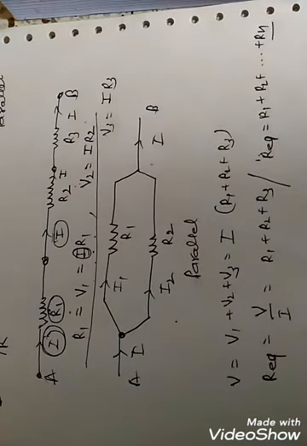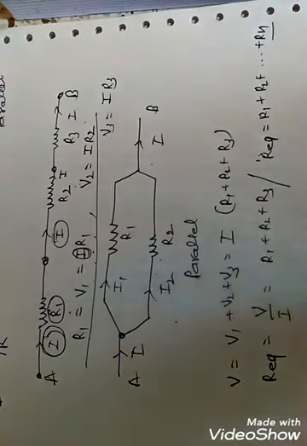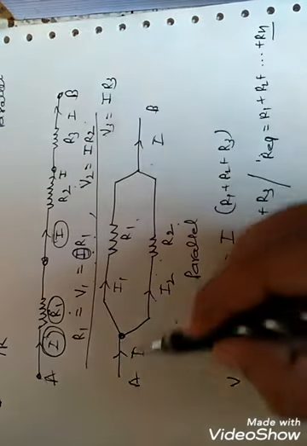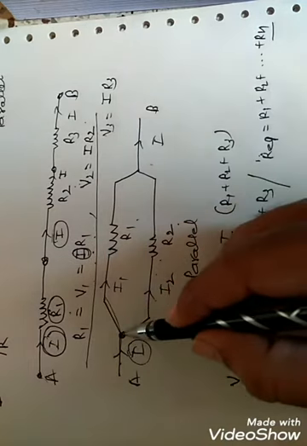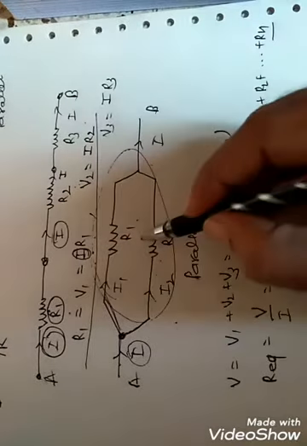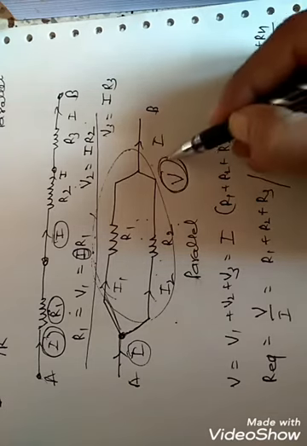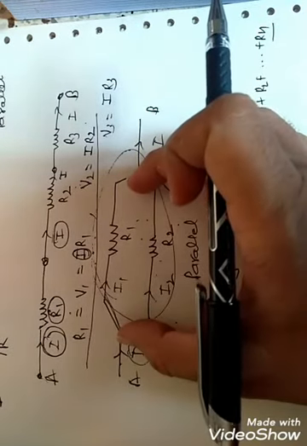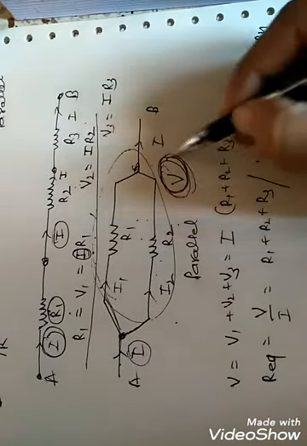Now the second one: here we consider a parallel combination of two resistors, R1 and R2. The total current I enters and divides into two parts. In this case the potential difference V between point A and point B is constant.